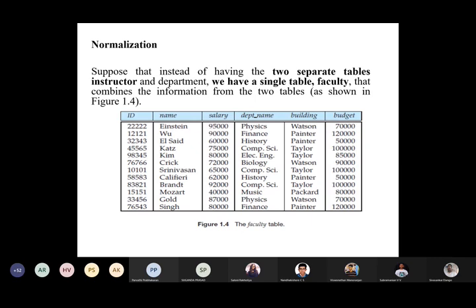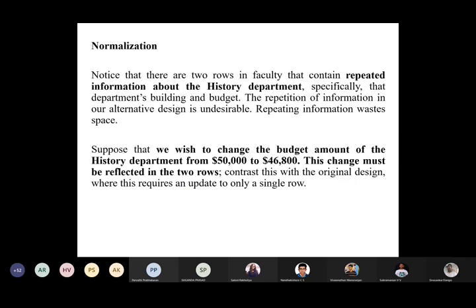Once you have this information in the faculty table, notice that there are two rows that contain repeated information about the history department, specifically the department's building and budget. So the repetition of the information in our design is undesirable.